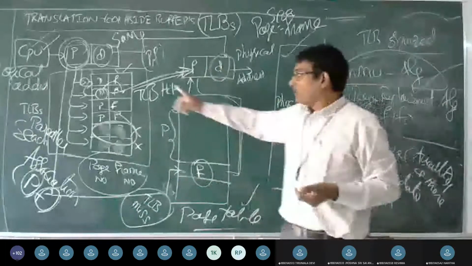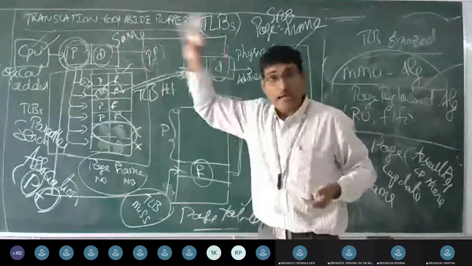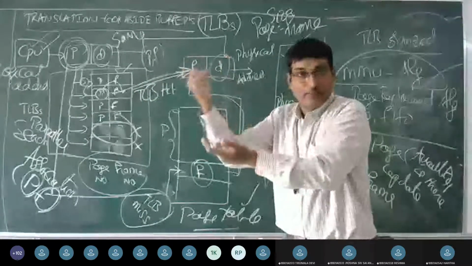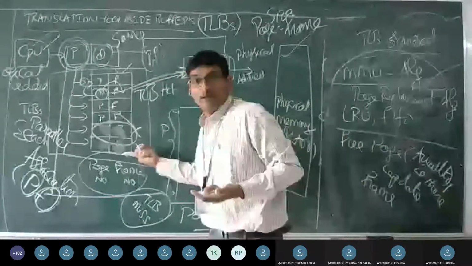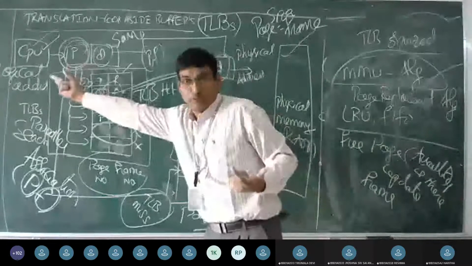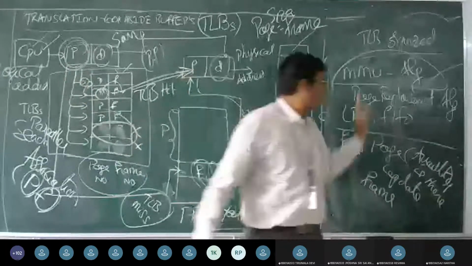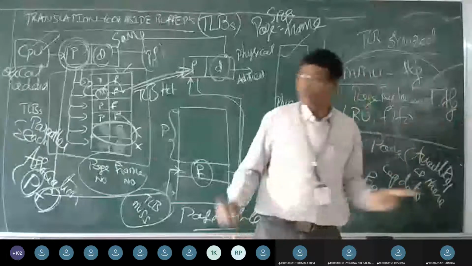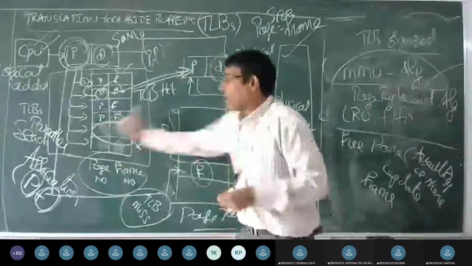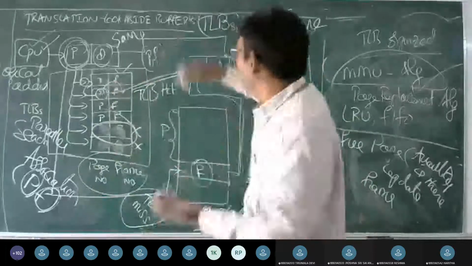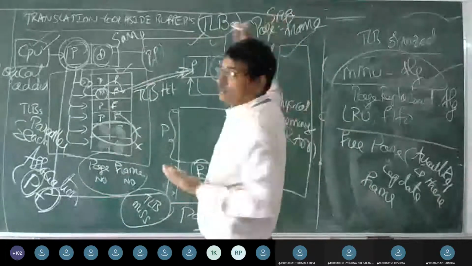Got it? If the item is found, I give it. If the item is not found, I search for it. I brought the item, it is available with me, but the TLB is full. What to do? I have to give it to the CPU, so I should replace something here. How can I replace? I can use page replacement algorithms, create a cell there and update it. That is the solution proposed in the translation lookaside buffers.